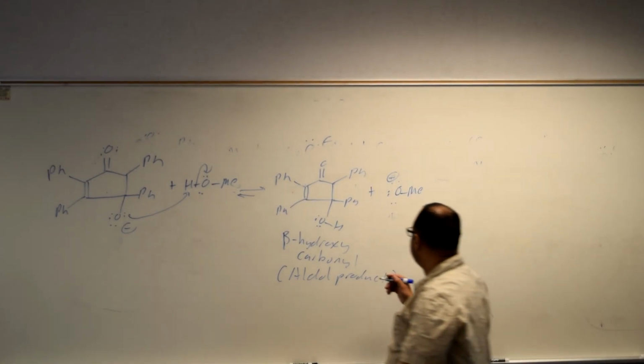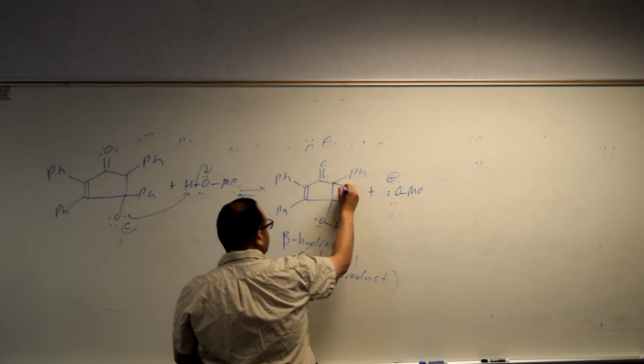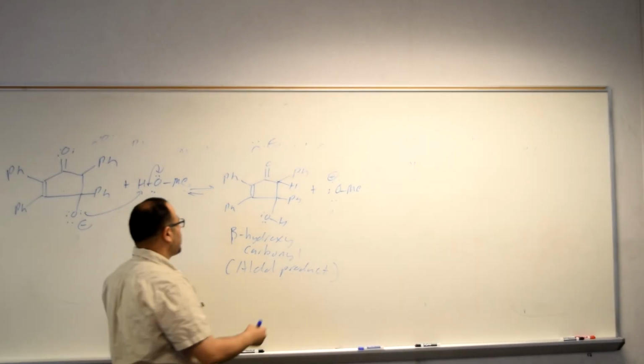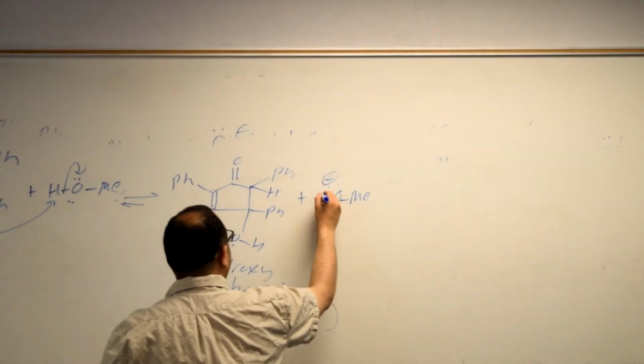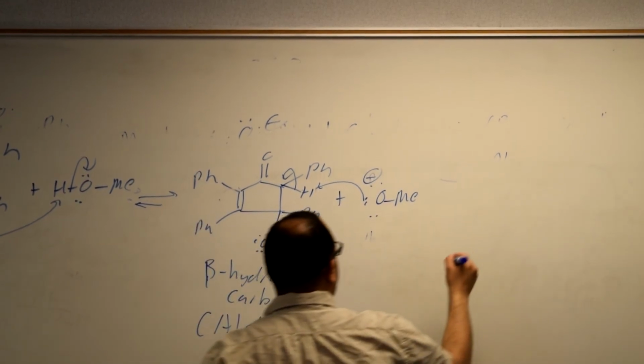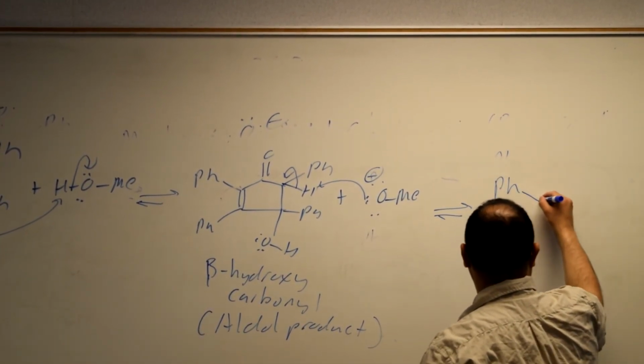I know it's a lengthy sort of mechanism, but at this point, it's fairly straightforward. We're just going to repeat what we did earlier. The methoxide anion will deprotonate this hydrogen. This time I'll draw it as the carbanion, but you can draw it as the enolate, which would be perfectly fine.